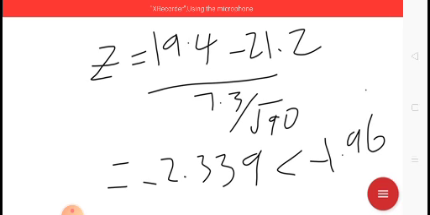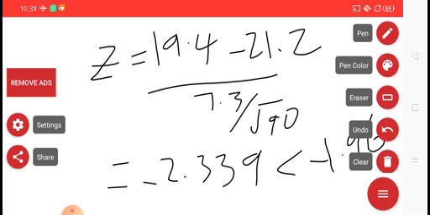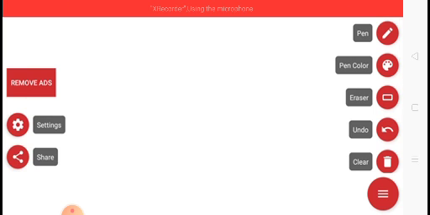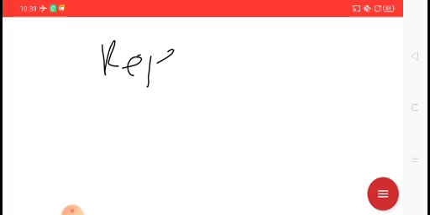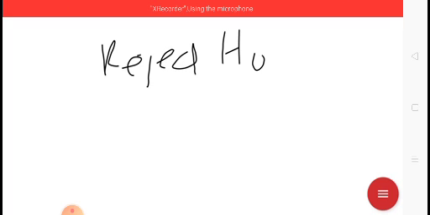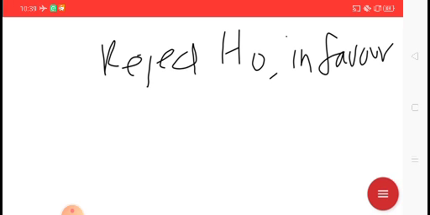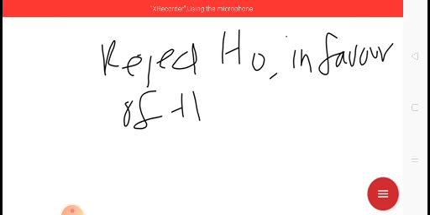So if you have this, you can do a conclusion. So reject H naught in favor of H1. Right. So in this situation, once you have this general statement, you can put a final statement according to the context.